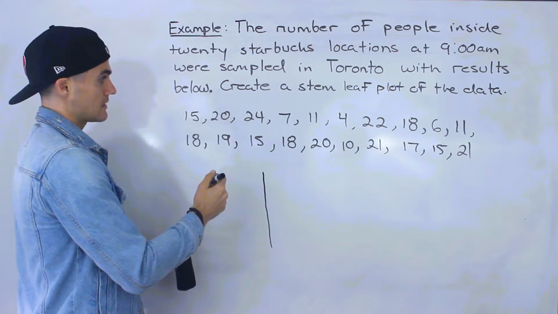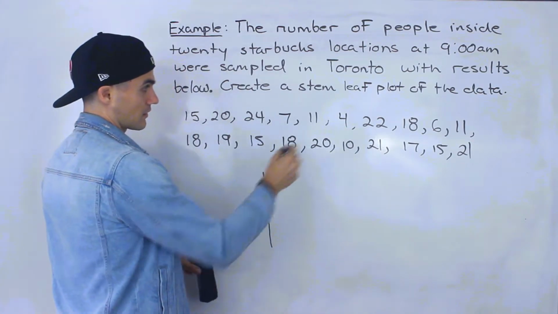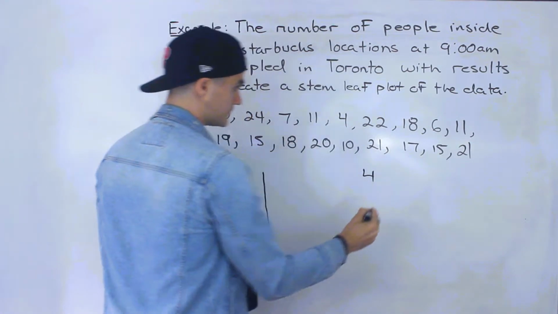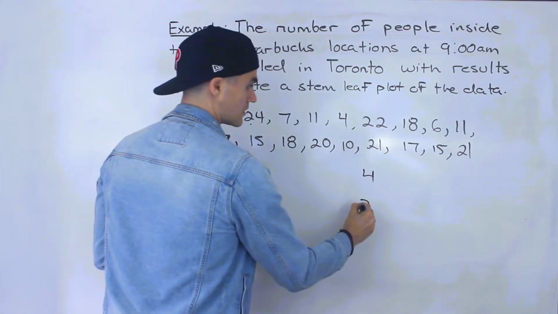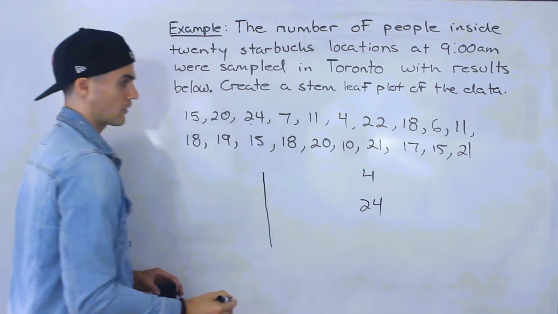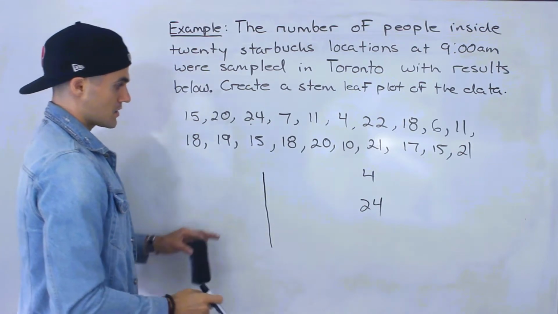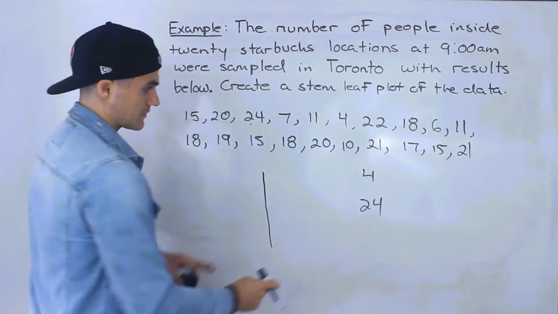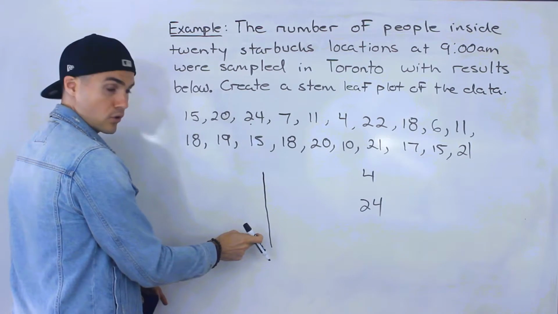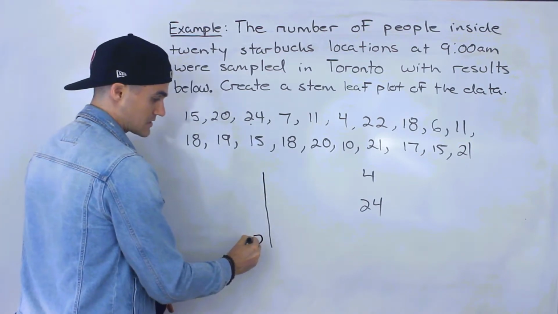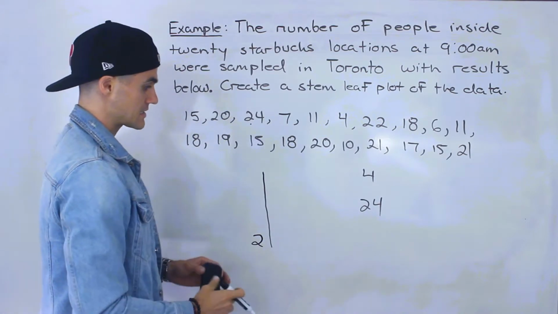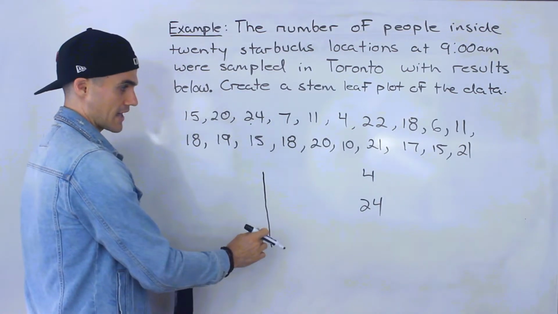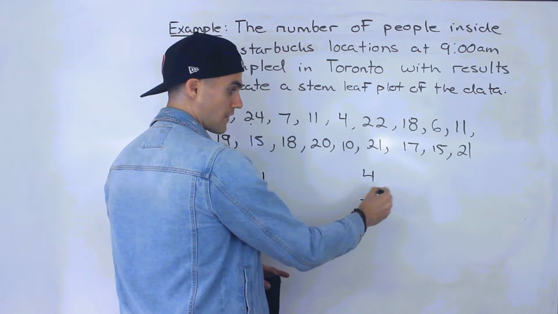Now, what's the lowest number here? The lowest number is 4, and the highest number is 24. So the highest stem is going to be 2, because the stems represent all of the digits other than the rightmost digit.